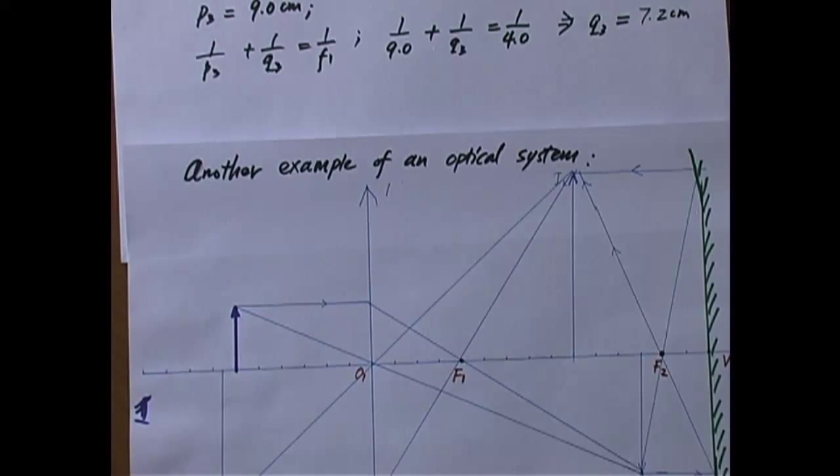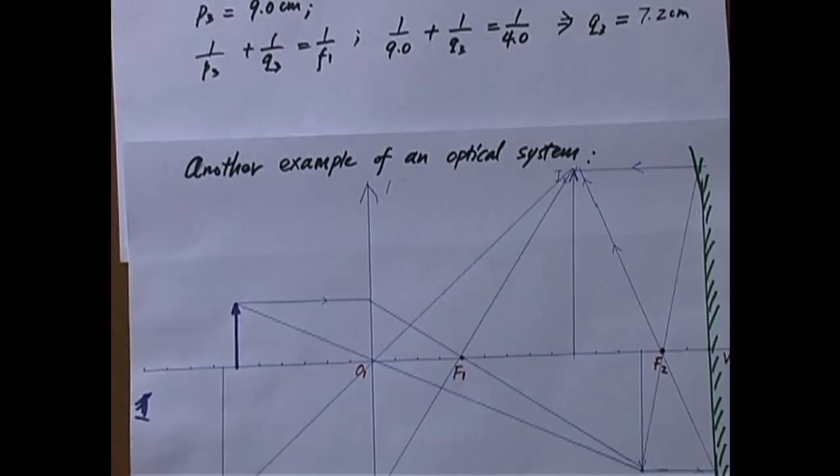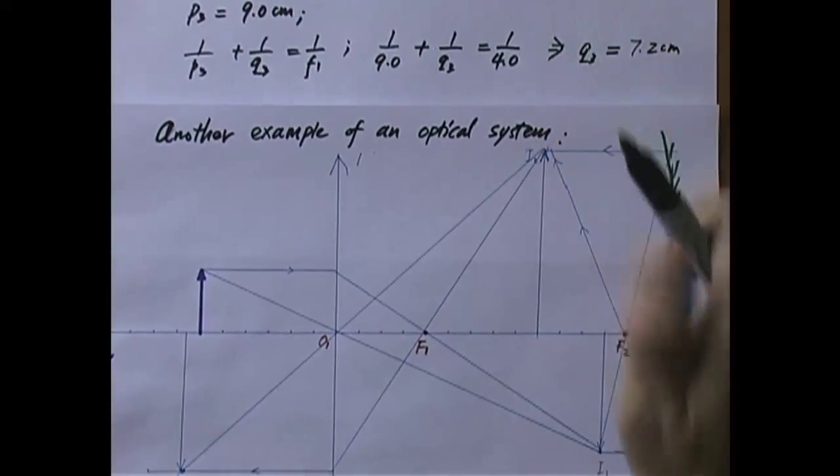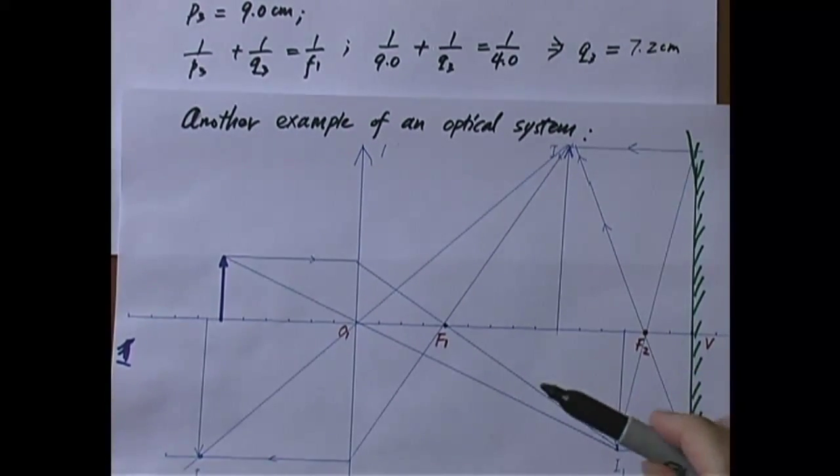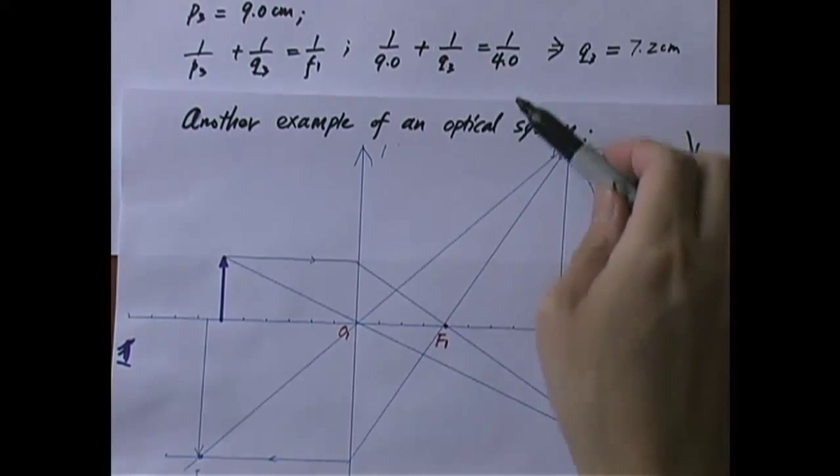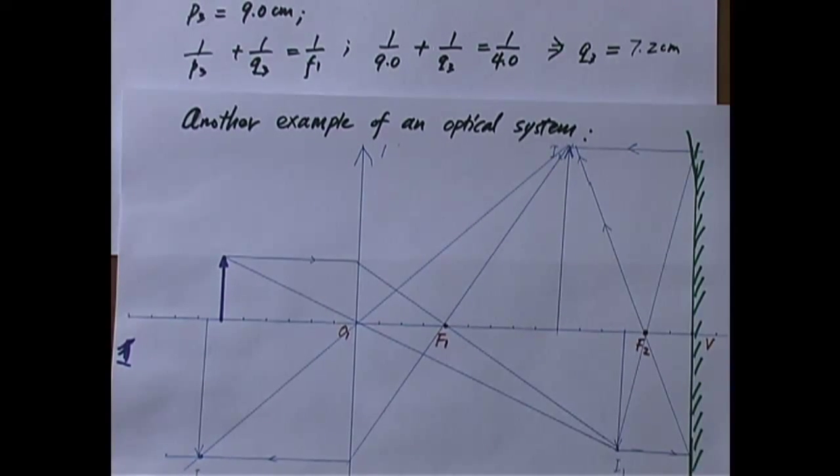And you can easily do so. You will find that the final image is indeed bigger than the original. So here is an example of how we can do either ray tracing or calculation to find the location and characteristics of the final image of an object formed by an entire system of objects, not just one piece.